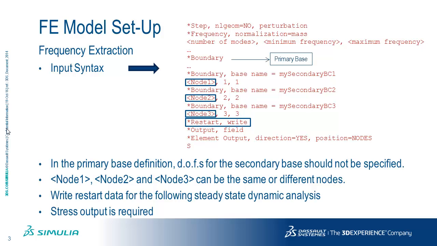If you have only one channel, then maybe the primary base will be enough. But in practice, in most of the general cases, you may need the secondary basis. Okay? So that's the key thing for the first input.